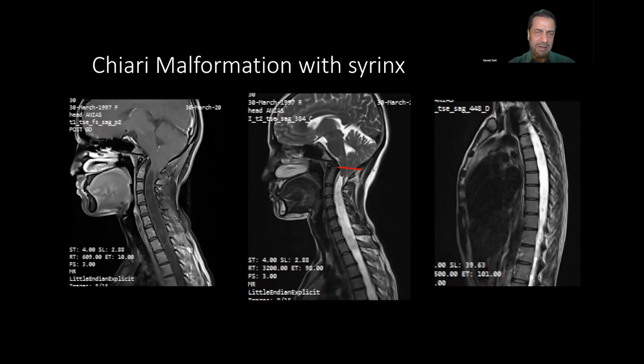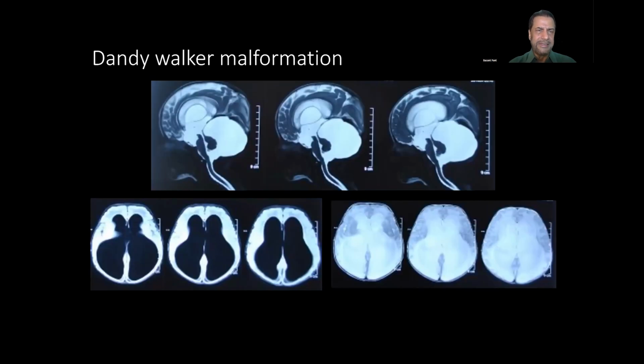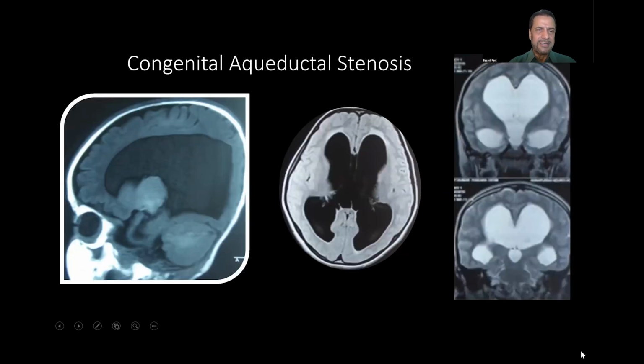So this is the level of syrinx that has gone down. This is a case of Dandy-Walker malformation with an almost non-developed cerebellum. A congenital aqueductal stenosis can look like this.